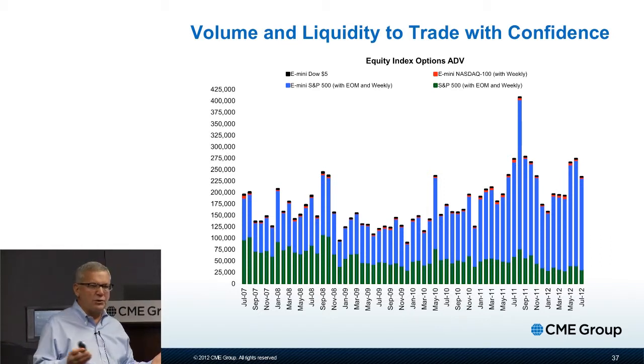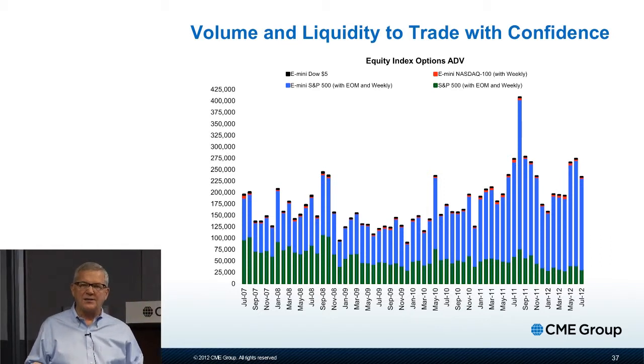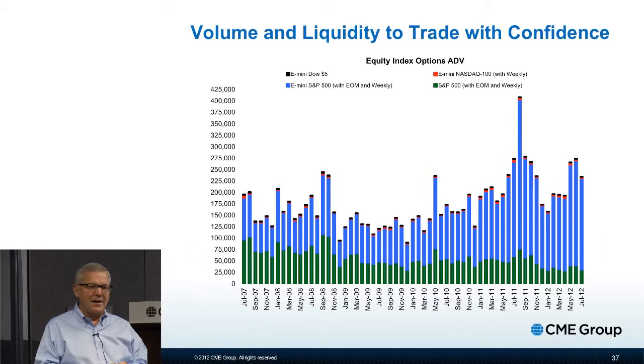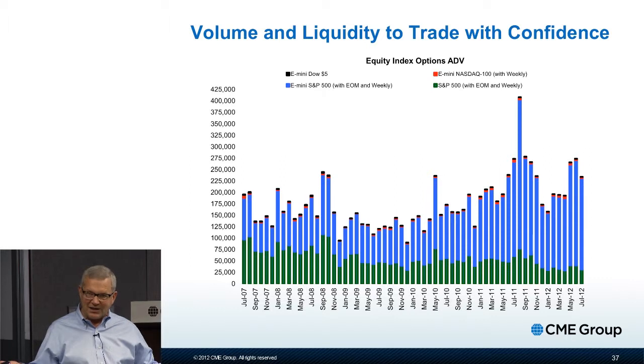So we've got two different products in S&P 500 at the CME. Basically, we're a one-trick pony when it comes to index options. We do have NASDAQ and Dow and mid-cap, but about 95% of our volume is S&P 500 contracts. Everybody's familiar with what the S&P 500 index is.